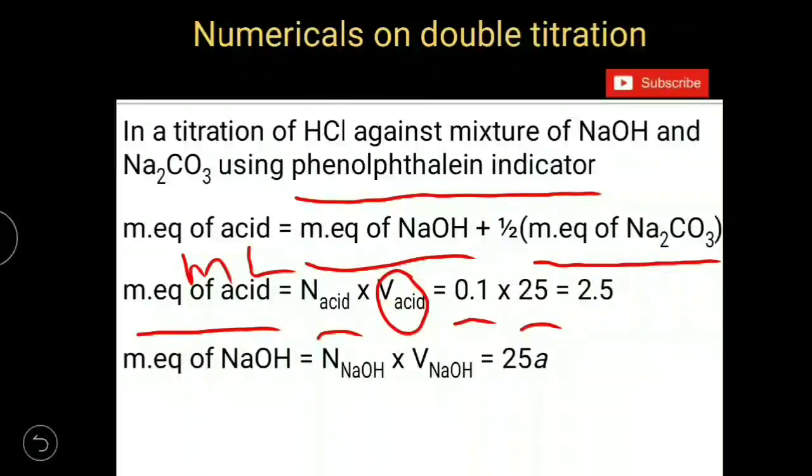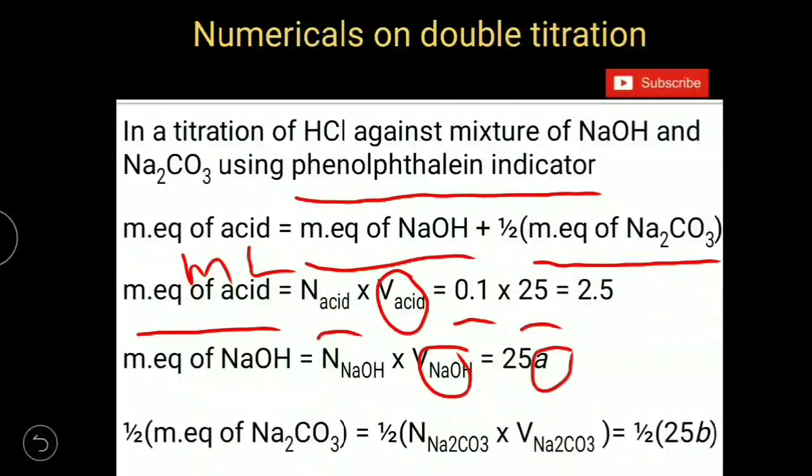And for milli equivalents of sodium hydroxide, the volume of the solution of mixture of sodium hydroxide and sodium carbonate is given as 25 ml. So you can take sodium hydroxide solution volume also as 25. But normality is not given. Let us consider the normality of sodium hydroxide as A. And come to sodium carbonate.